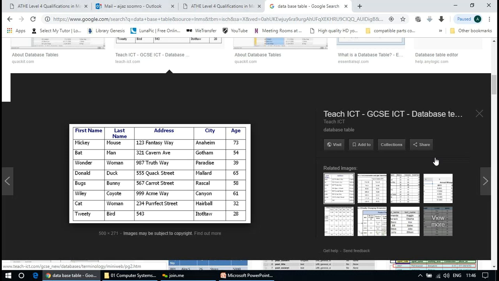Now I'm introducing you to certain terminologies. For example, if you were studying medical science, you would be introduced to the medical terminology. If you are studying business studies, you would be introduced to the business terminology.